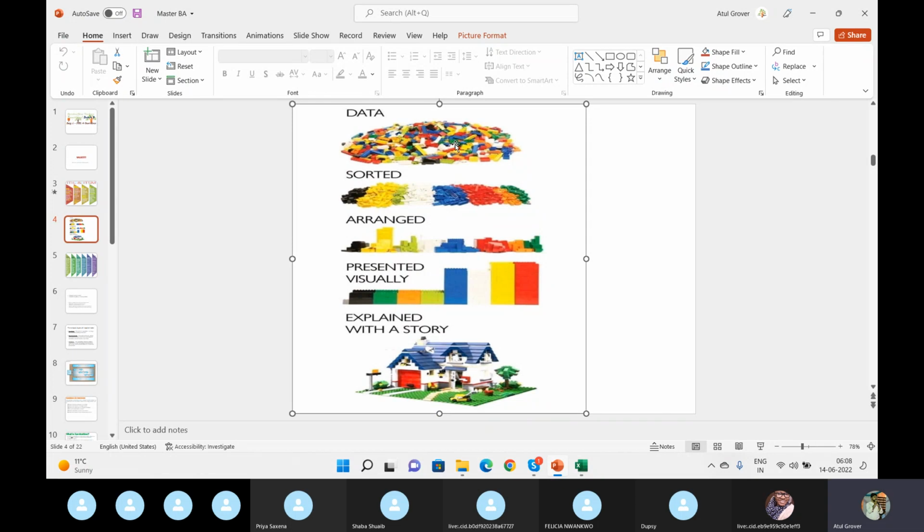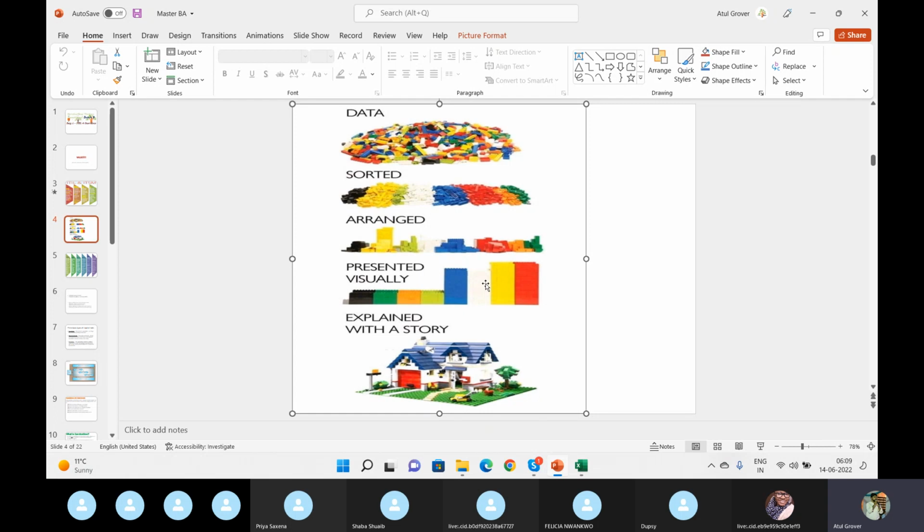Then I sort out their problem areas. Okay, you want notification, that is one area. You want SLA, this is another area. You want integration, this is another area. Then I arrange them in a sequence, in a proper manner, and say this particular integration has a dependency on this particular requirement, which I present visually.